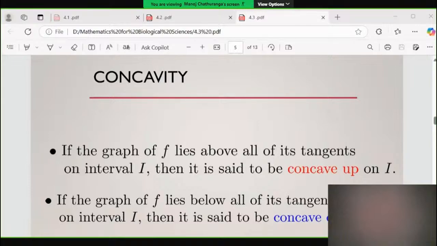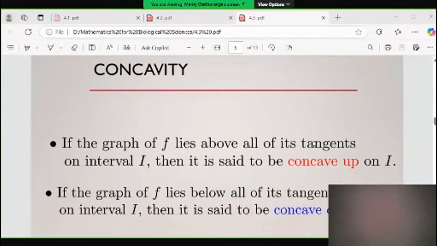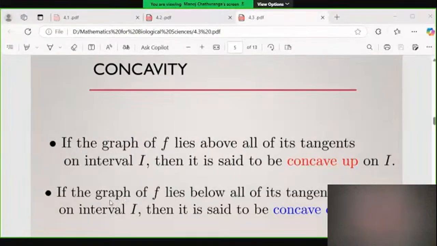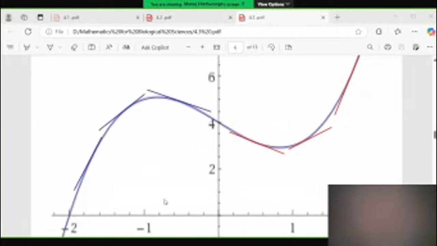So let's come back to the notes. If the graph lies above all the tangent lines, it is concave up. Concave up means the second derivative is positive. If the graph lies below all its tangents, then it is concave down. Concave down means the second derivative is negative.